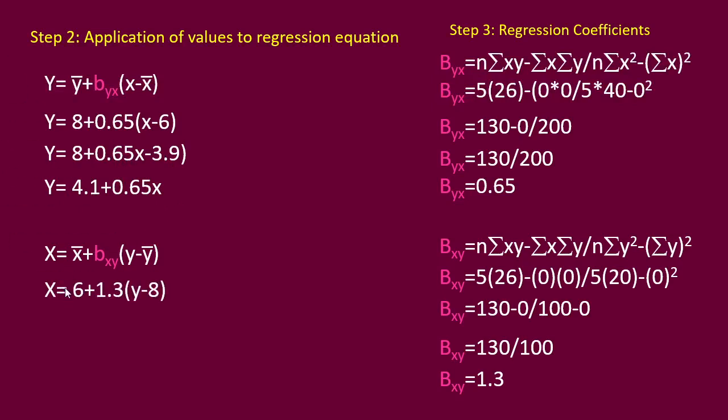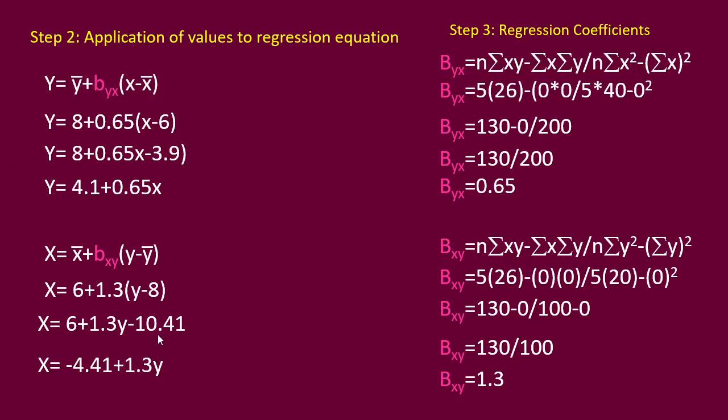So here x equals x bar plus bxy into y minus y bar. So x bar is 6 plus bxy, that is we have found here 1.3 into y as it is and y bar is 8. 6 plus 1.3 into y it's 1.3y and 1.3 into minus 8 it's minus 10.4.